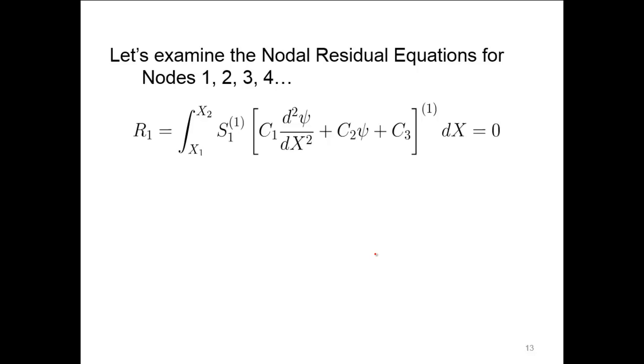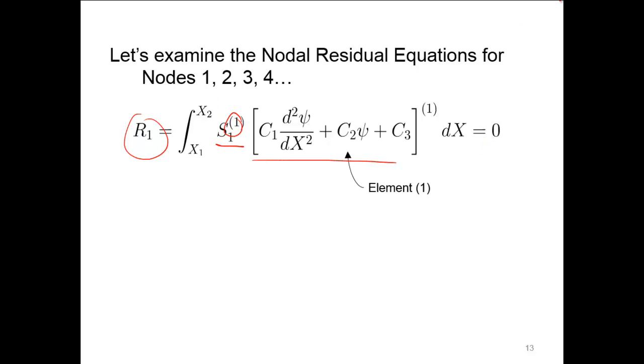Let's examine the nodal residual equations for nodes 1, 2, 3, and 4, specific to this problem. Again, we look at the residual for node 1. We have the shape function at node 1 for element 1 and the governing differential equation, and we integrate that from node 1 to node 2 and set it equal to 0.